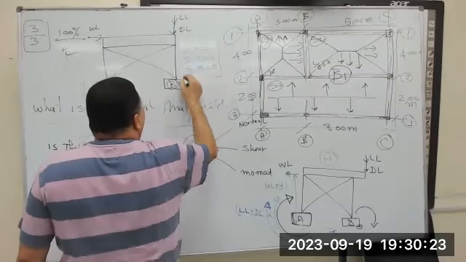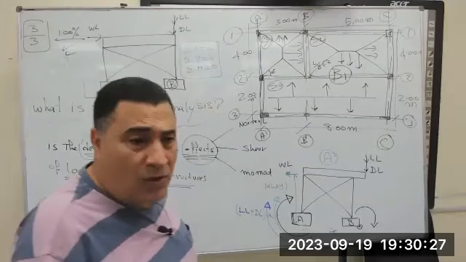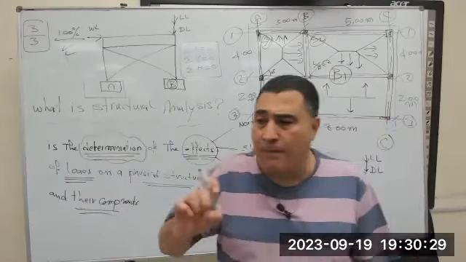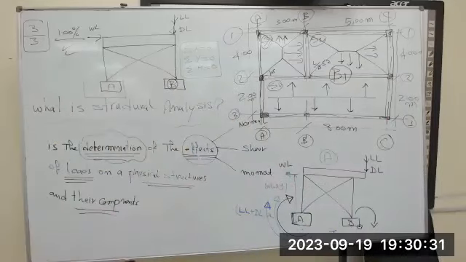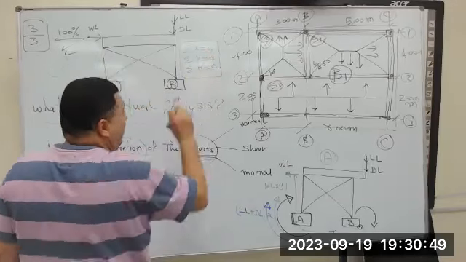This is what we call the equilibrium equations. The structure analysis is based on that: sigma x for a structure system itself equals 0, the resultant of the forces is 0. Sigma y, all the vertical forces, the resultant should equal 0. Sigma moment is equal to 0.